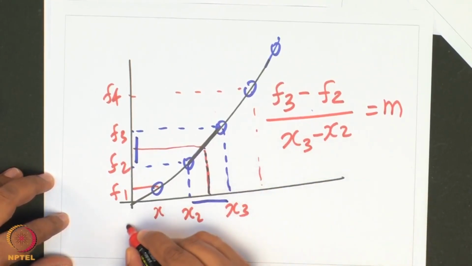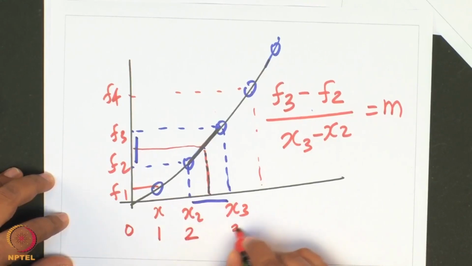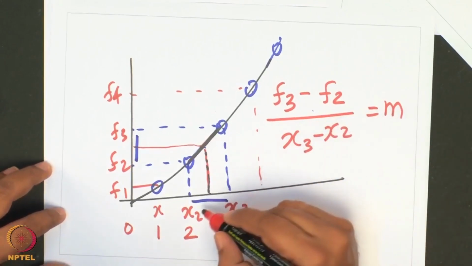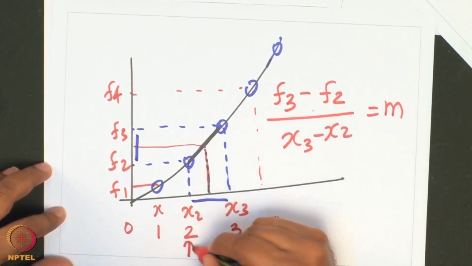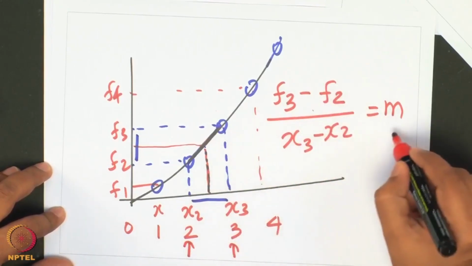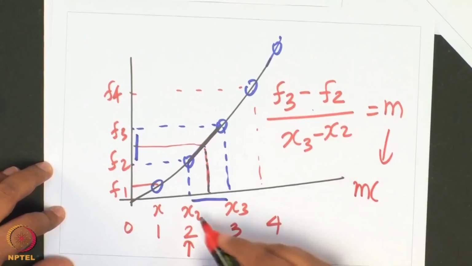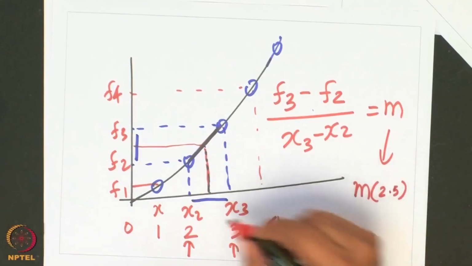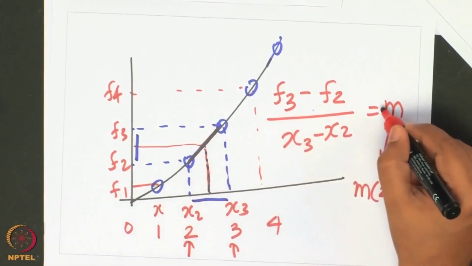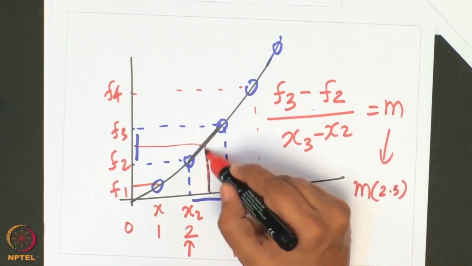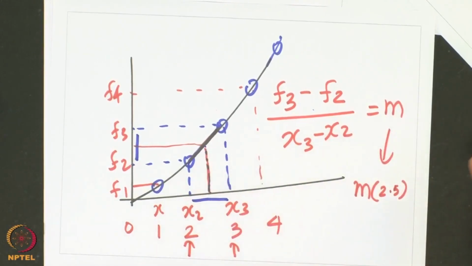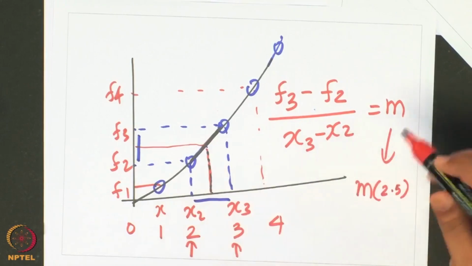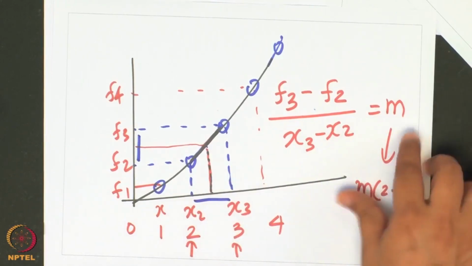So let us write here 0, 1, 2, 3, 4. If I just take the values 2 and 3 and use this formula, I could say that this m is the slope at x equal to 2.5, an in-between value. So by doing this, I got the slope at 2.5. This is the equivalent way of saying it is the slope at some x value in between x2 and x3.